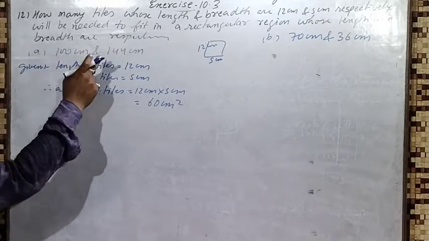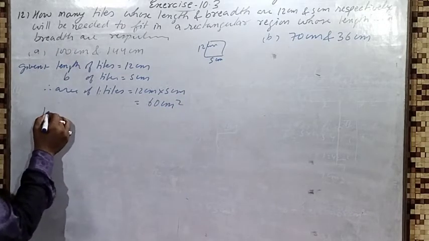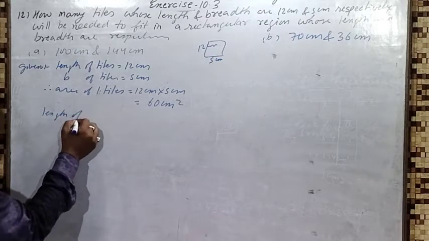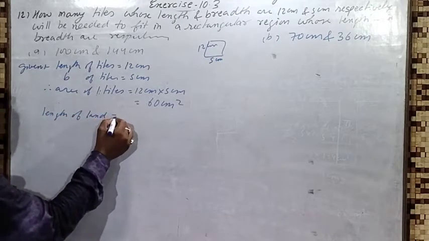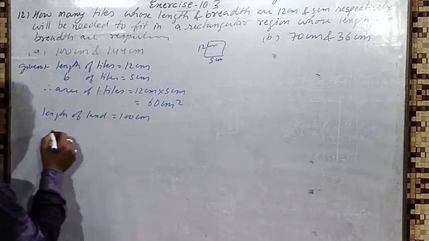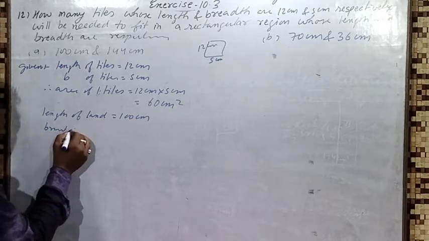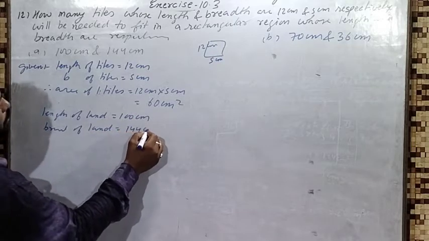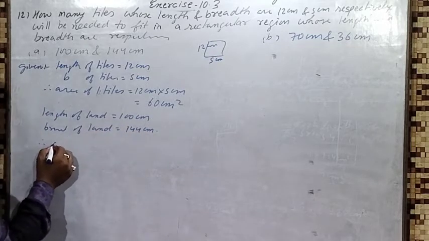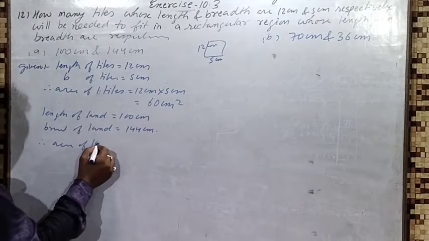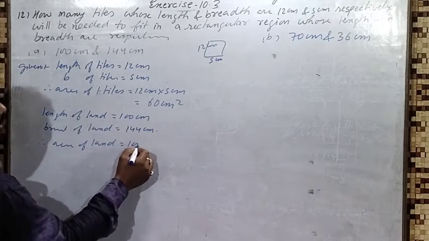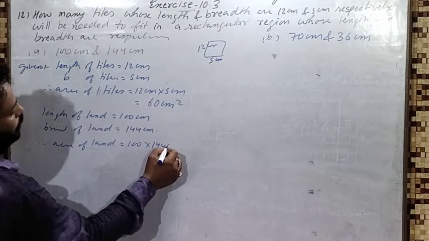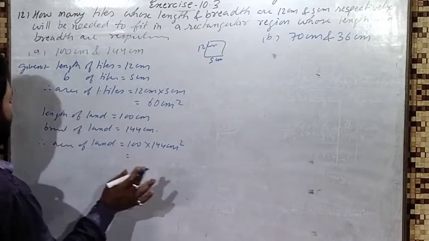Now length of land, the region, is 100 centimeter, breadth of land is equal to 144 centimeter. So area of land is equal to 100 into 144 centimeter square, like this.